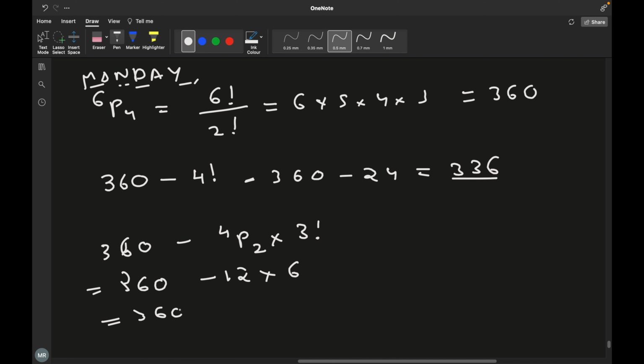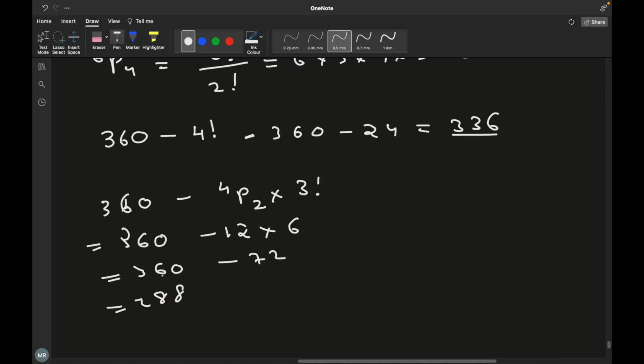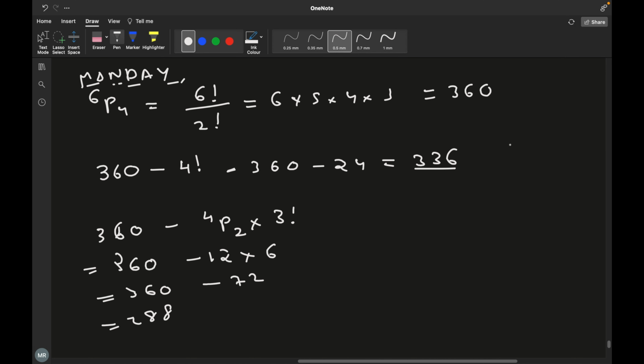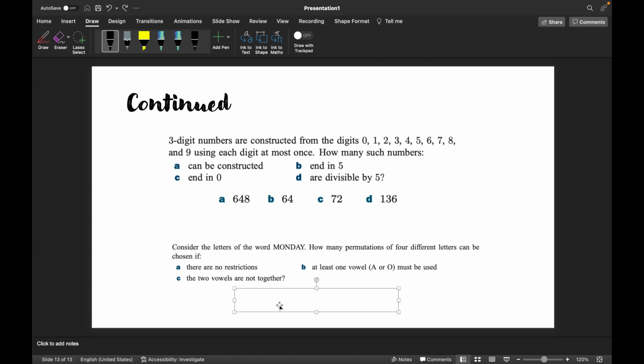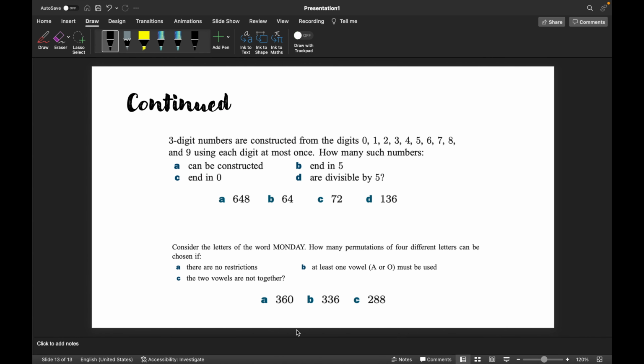It's 360 minus 72, which is 288. So the first answer is 360, the second is 336, and the final answer is 288. Let's check the answer. That is also what we got.